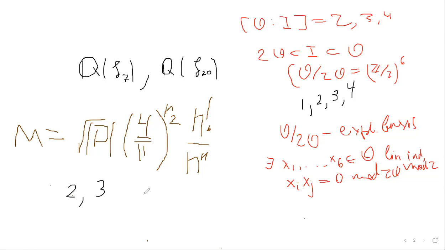Three is not prime. So how does 3 split? Can we come up with an explicit way for it to split? How do we do that? We need to take the discriminant, which was 7 to the 5th, right?